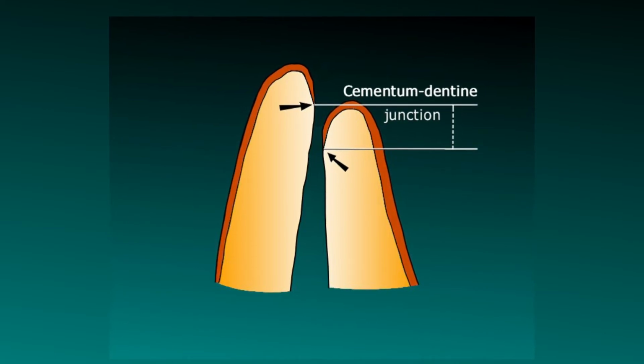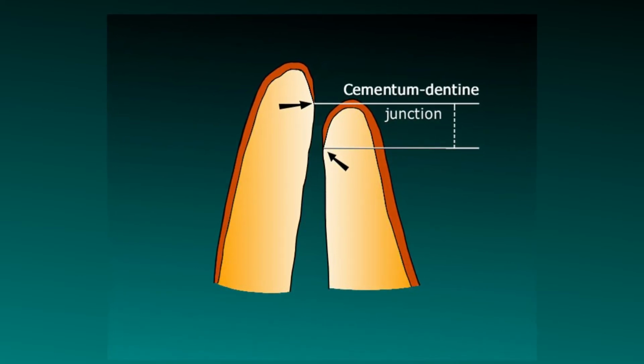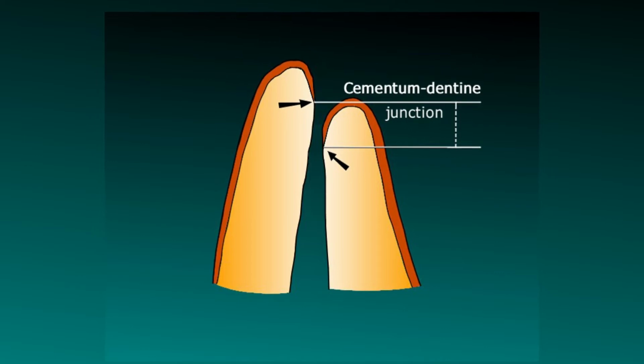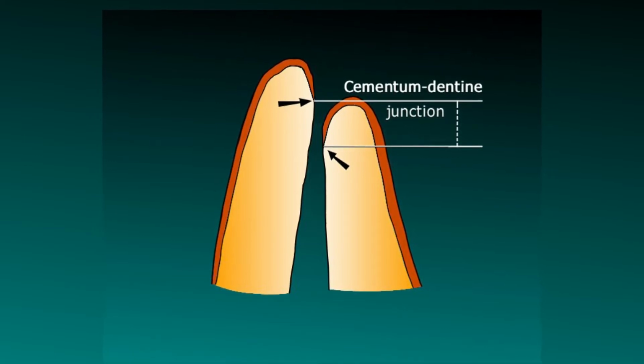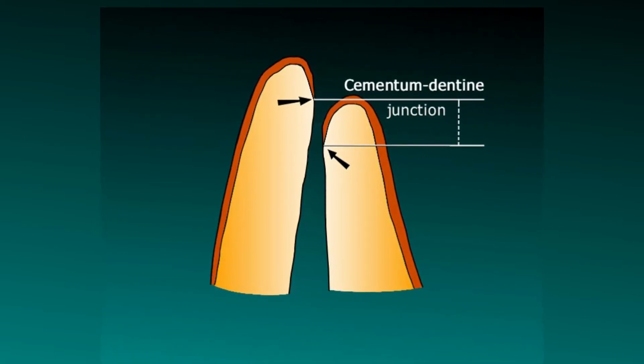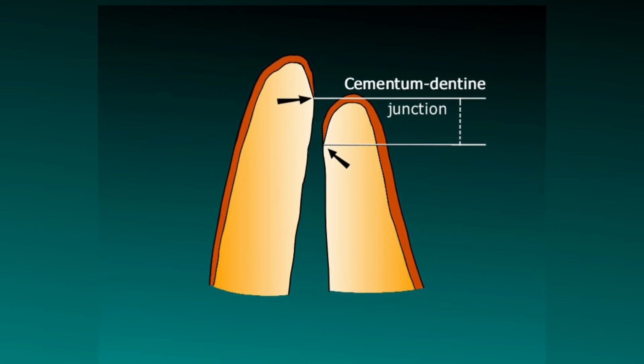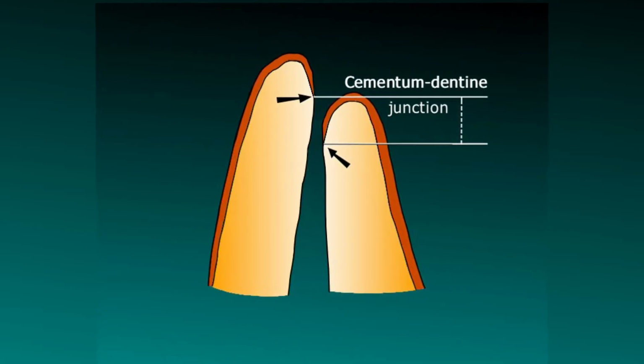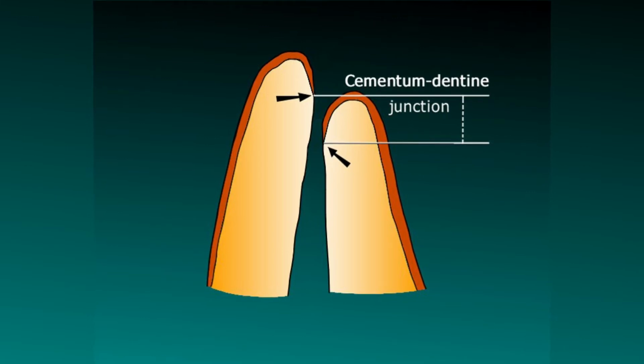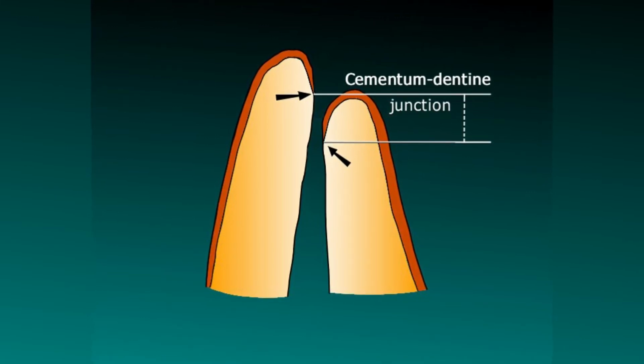For example, in some textbooks it is written that the ideal limit would be the cementum-dentin junction. Well, this is for sure a mistake, I can tell you, because the cementum-dentin junction is a histological point. You cannot see it clinically, no way.